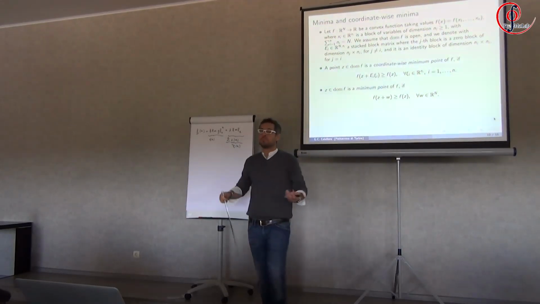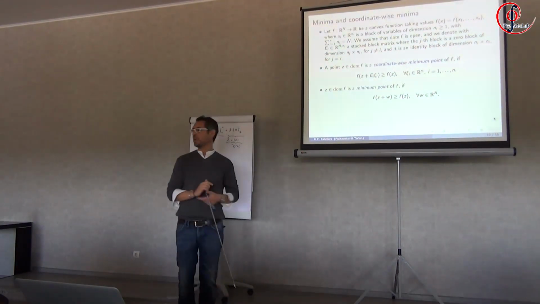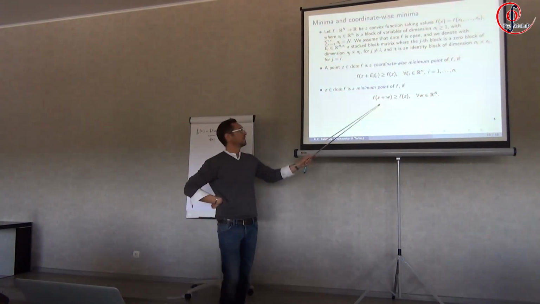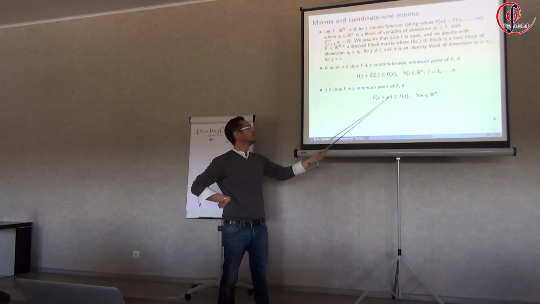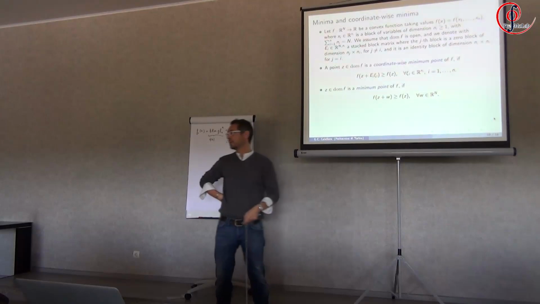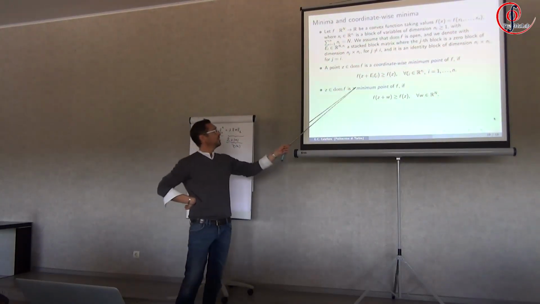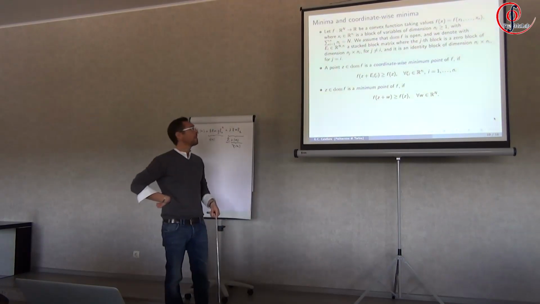Okay, this is one possible definition of a global and unconstrained minimum. It means that essentially for all other points different from z, we get something which is no better than f of z. So this is the definition of a minimum point of f.